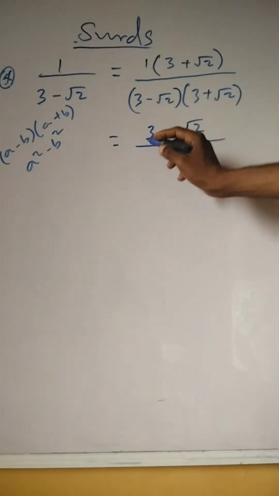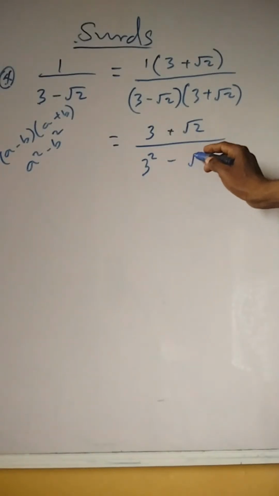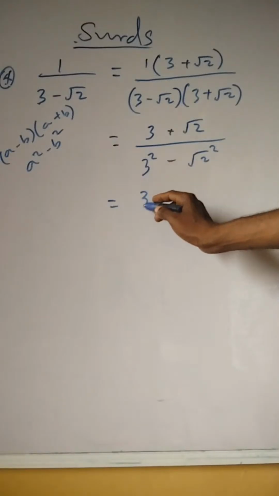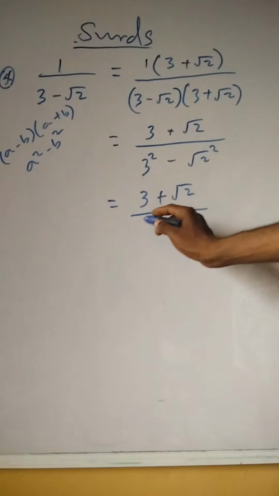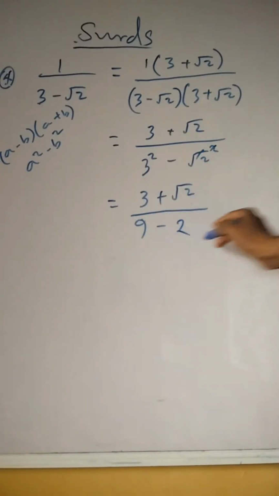A here is 3, that is we can say this is 3 square, minus b, root 2, that's root 2 square. Simply we have 3 plus root 2 up here divided by 3 squared, that's 9, minus root 2 square. Square cancels square root, 2.